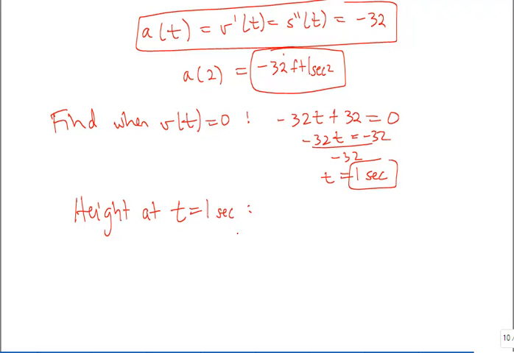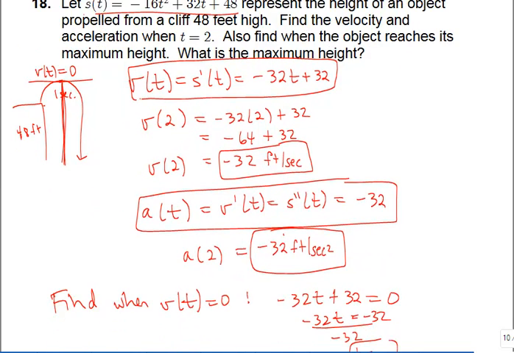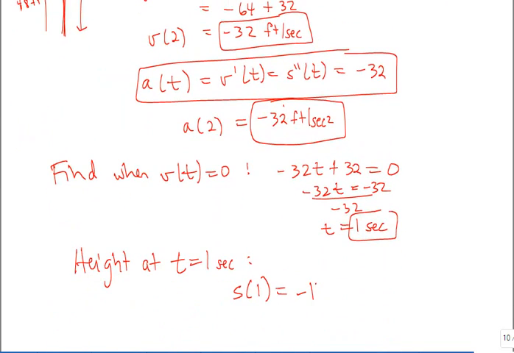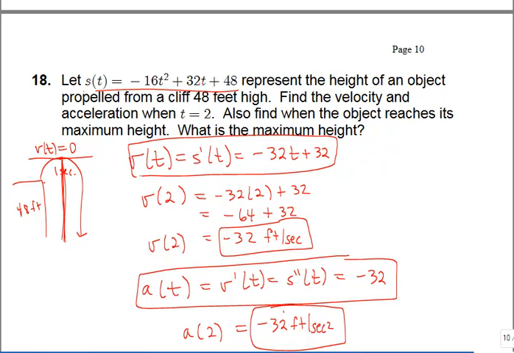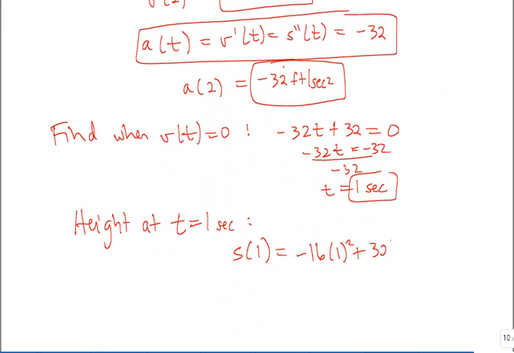So what's your height at 1 second? Well, that's going to be whatever S of 1 is. And our position function was negative 16t squared plus 32t plus 48. So we would want negative 16 times 1 squared plus 32 times 1 plus 48.